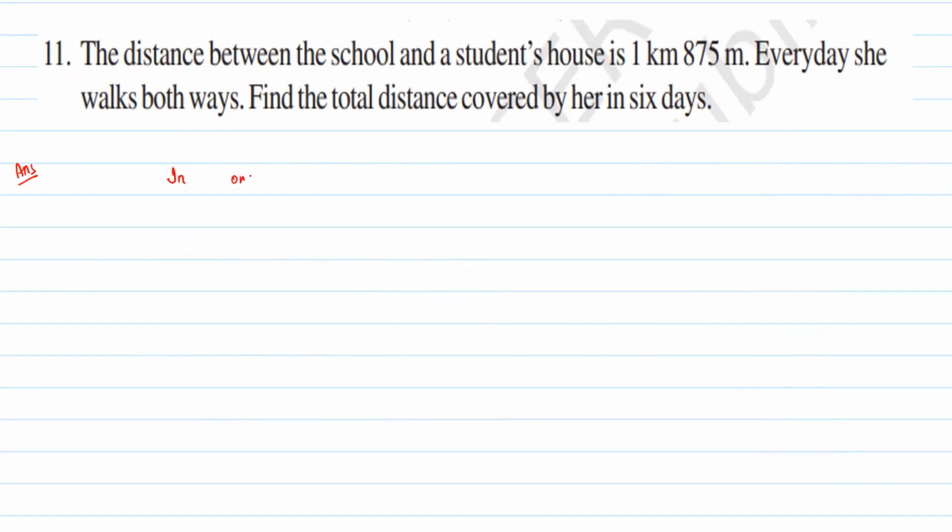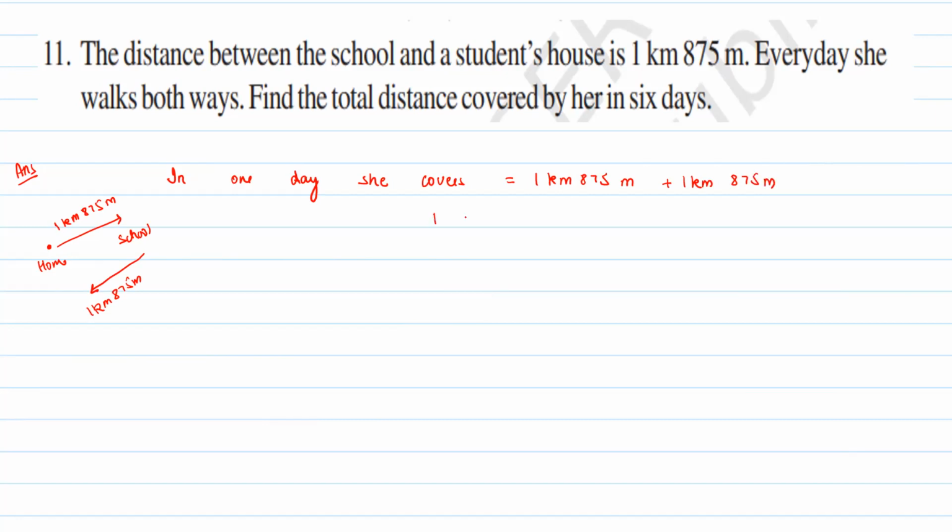In one day she covers, now there is a twist: she walked from home to school 1 kilometer 875 meters, and she again came back home 1 kilometer 875 meters. So that means she is covering 2 into 1 kilometer 875 meters, or you can write 1 kilometer 875 meters plus 1 kilometer 875 meters.